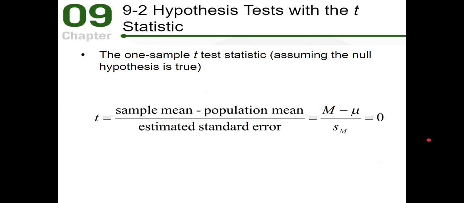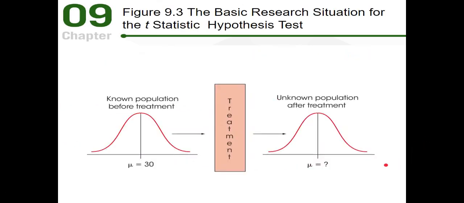In figure 9.3, we've got the basic research situation for the t-statistic and the hypothesis test, when we know the population before the treatment is provided, and we're looking for the unknown population that exists after the treatment was given.